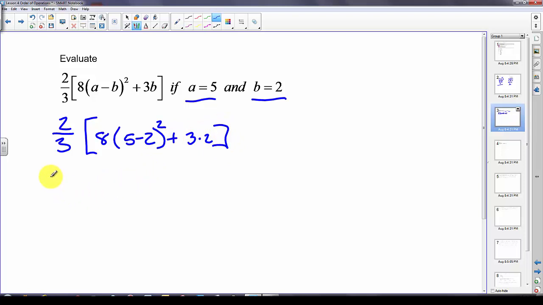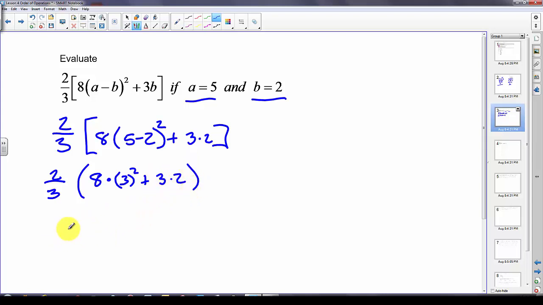So within these brackets now, I have an exponent, which I'll deal with first. And that gives me an 8 times, that's 3 quantity squared, and that's added to 3 times 2.